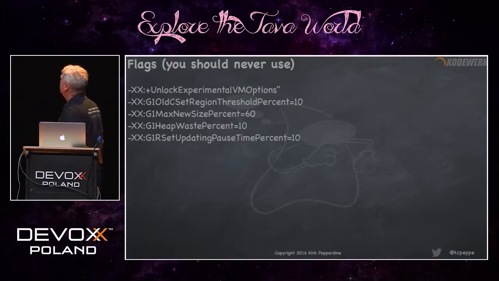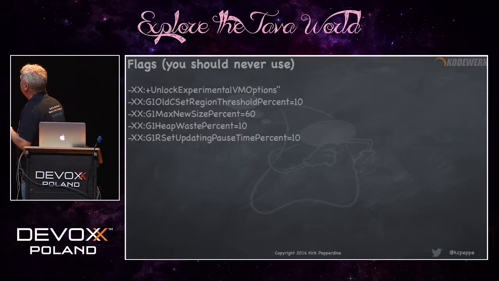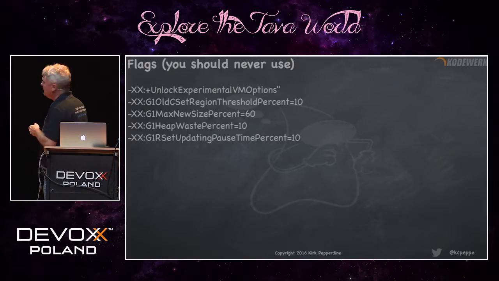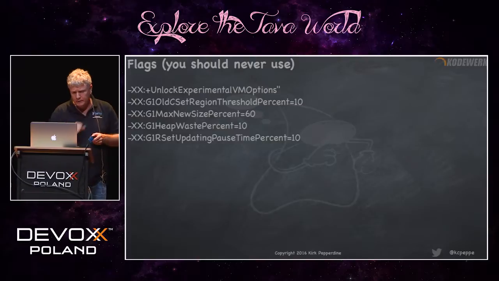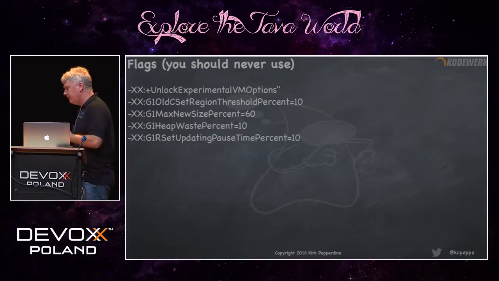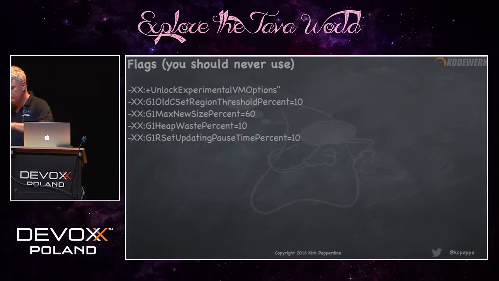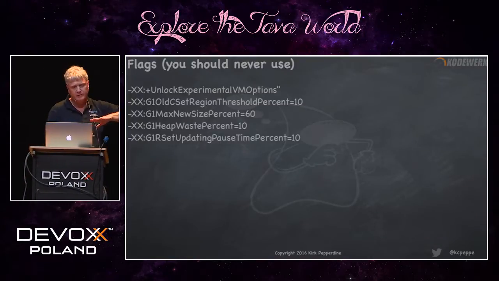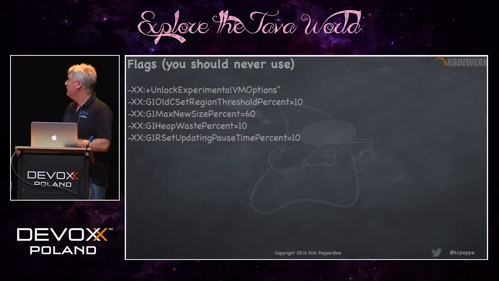And that's the bit about, what is it? G1 old, yeah, this thing here, right? So in this case here, what we're basically saying is, let's make sure that more regions actually get considered for collection. Let's make sure that the collections happen more frequently of these things.